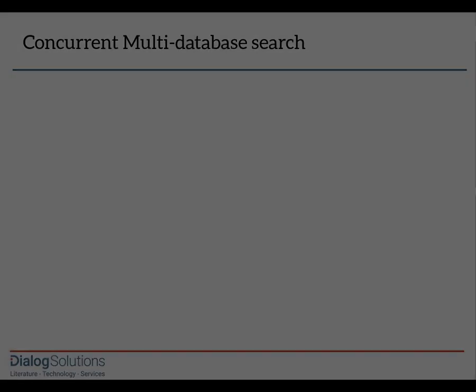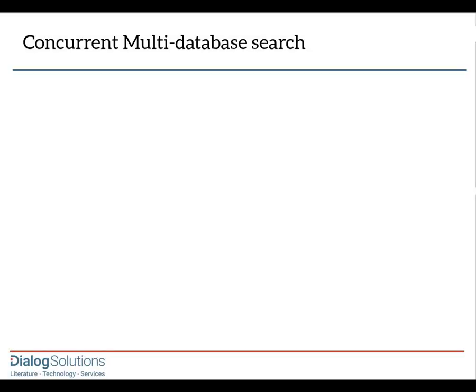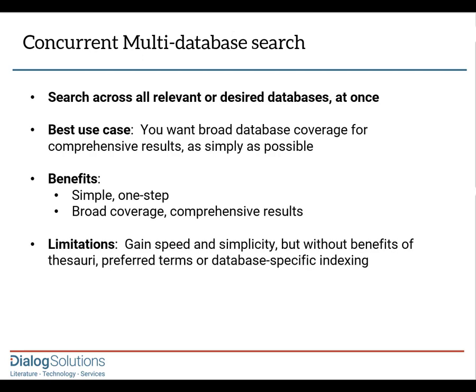Now, there's one more way we might choose to do this search. What if you want to be comprehensive and use multiple Biomed databases, but you just don't want or need to run multiple searches? Maybe you're in a hurry, or you just don't want to bother with thesauri right now, and you've decided that your particular search doesn't really need the more sophisticated tools that are limited to Medline, Embase, and some others anyway.